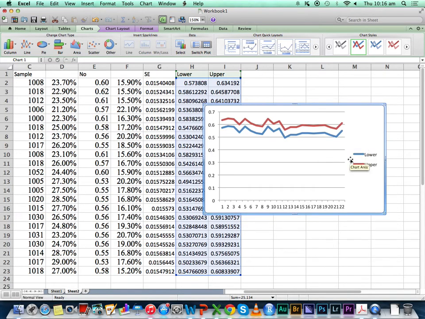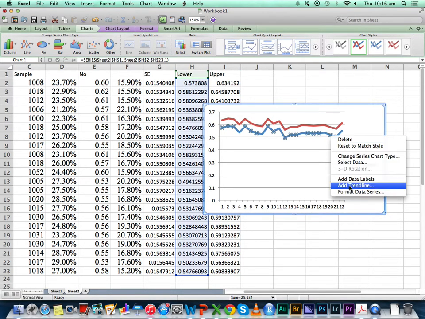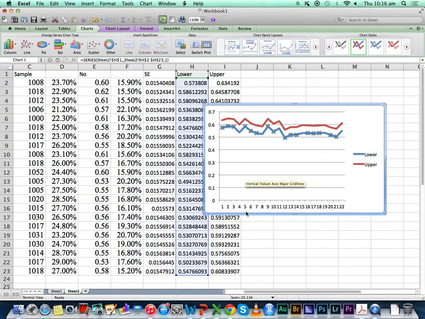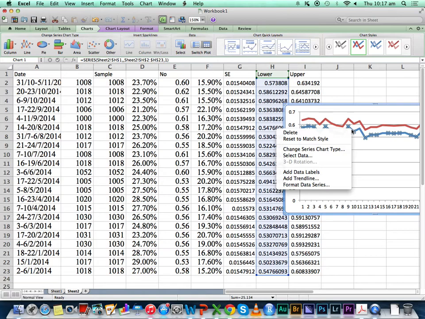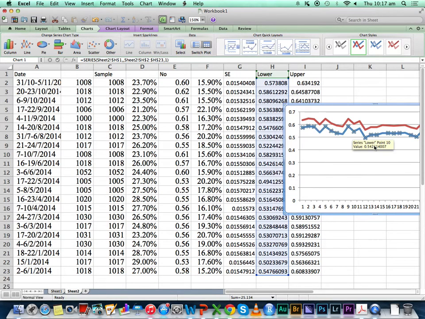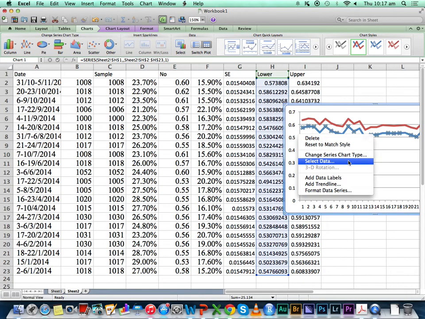And instantly you get a graph, but it will be better for you to change the x-axis, because the x-axis only tells you 1, 2, 3, 4, 5, which is not good. Actually, the x-axis should be the date. So you should change that to the date, and it can be done by right-clicking any one of the lines, and then select data.